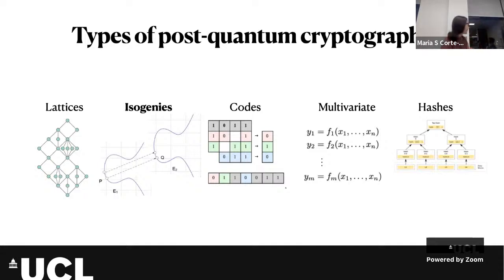Question. How about unconditional security, like algebraic based cryptography? Unconditional security. So if you have perfect security, yes, then it should be secure against a quantum adversary as well.